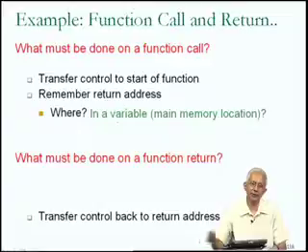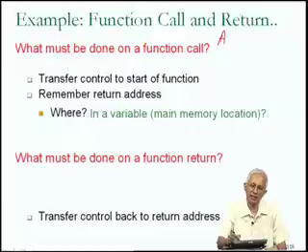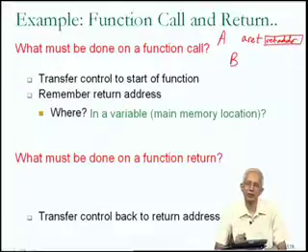Okay, now another possibility is that I could remember the return address in a variable, in other words in a main memory location. The simple idea here is that when function A calls function B, then associated with the return address of function A, I could have a memory location which I can refer to as A return. When the function call happens, I'll remember the return address of function A inside that variable or memory location.